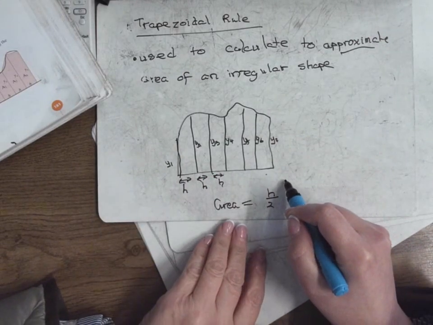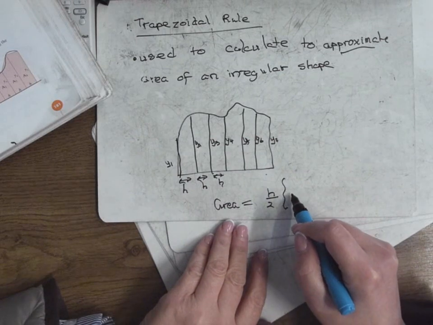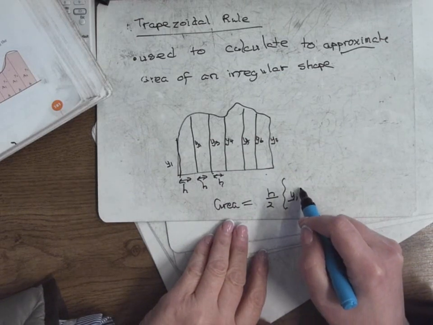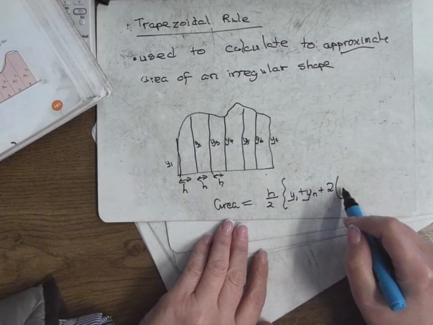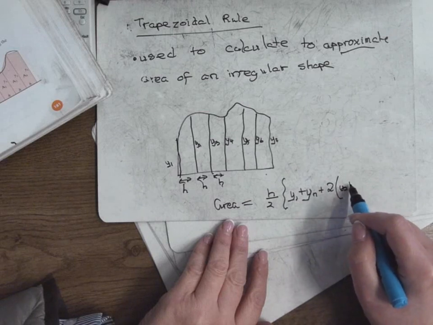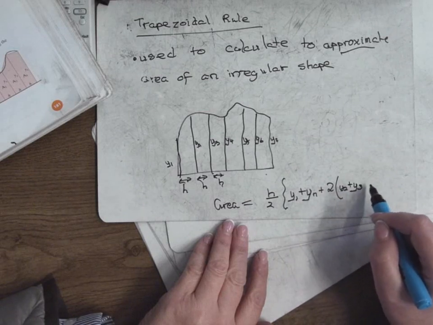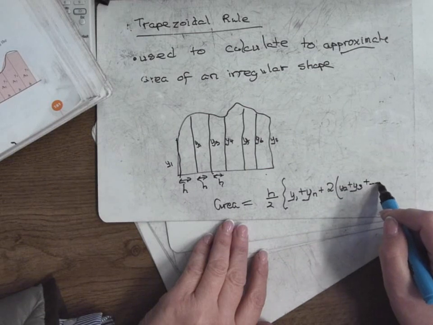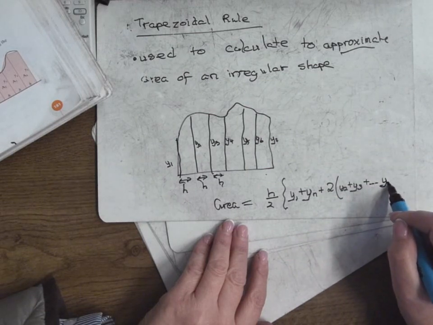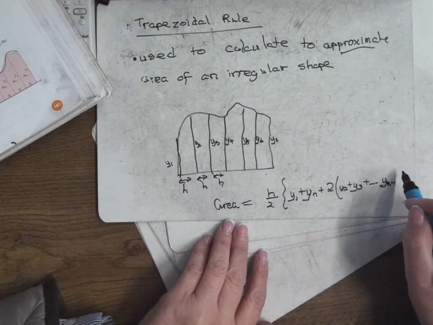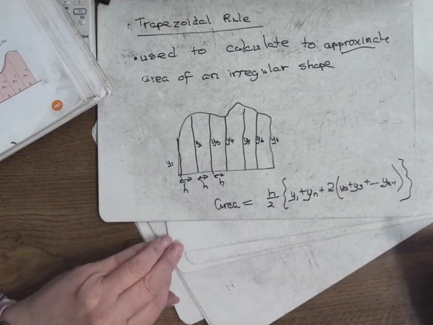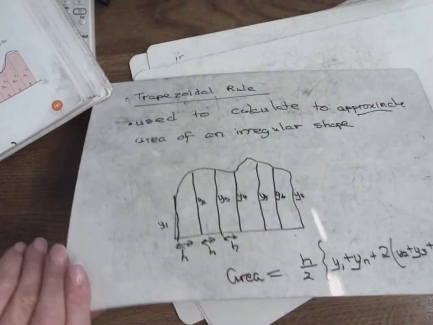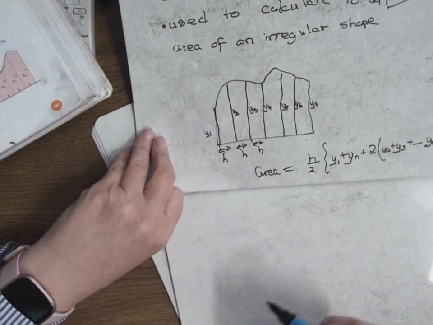Open bracket, times, and in the log tables it's written like this: y1 plus yn plus twice y2 plus y3 plus dot dot dot all the way up to yn minus 1. That's how it's written in the log tables, and to me that does make a lot of sense.